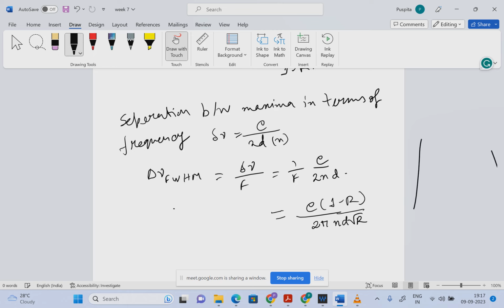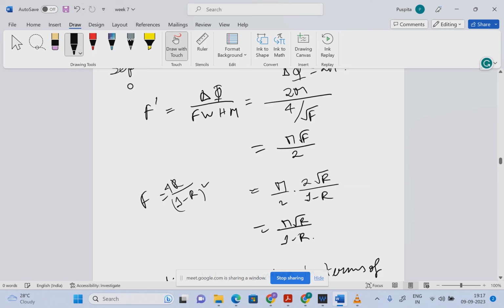That is another thing. One more thing, you remember that F is a coefficient of finesse, not finesse. Finesse is another thing. Finesse, let me tell you.